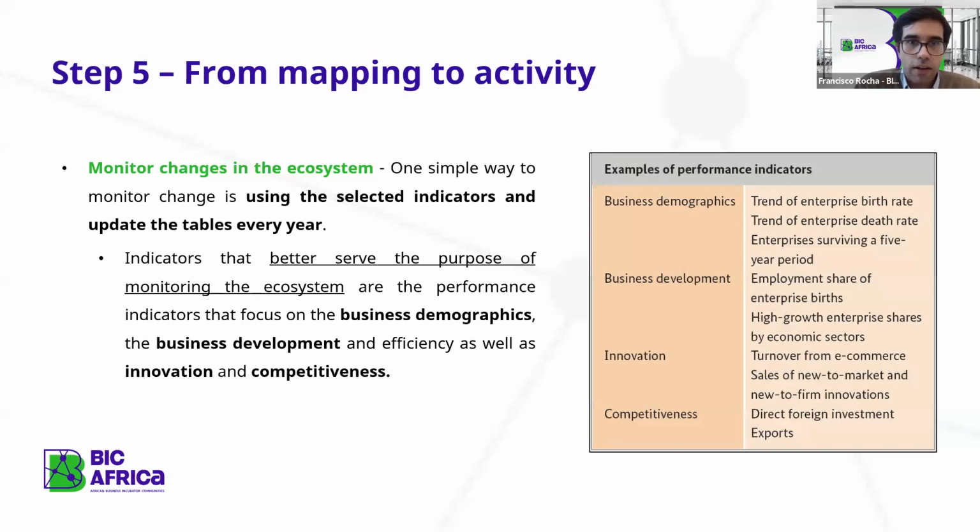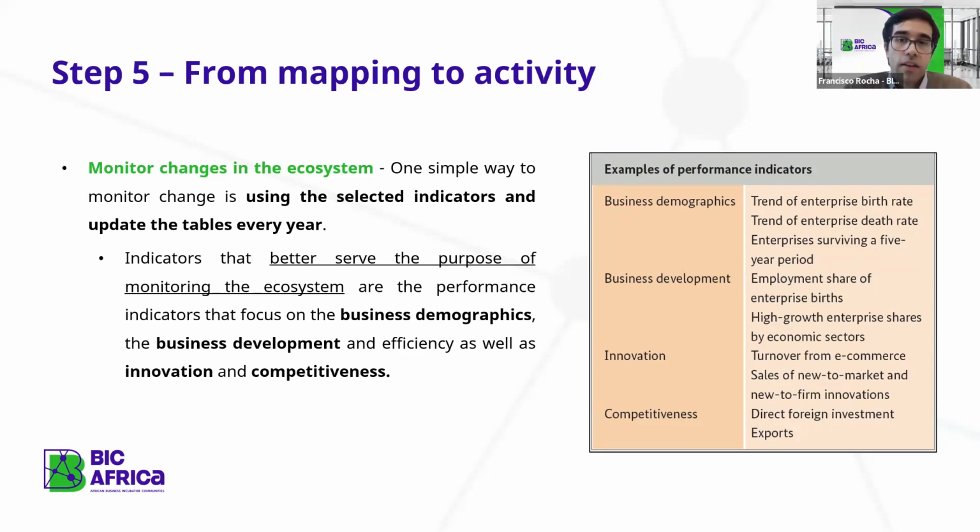You have done a very detailed exercise of collecting information, understanding how the performance of the indicators is going, how we are focusing on business, on different aspects of the business. And so you want to continue doing that. If possible, continue to update those indicators and that information on a yearly basis.